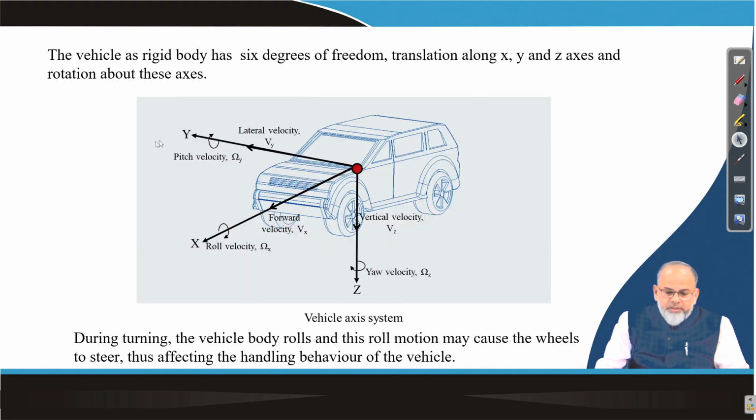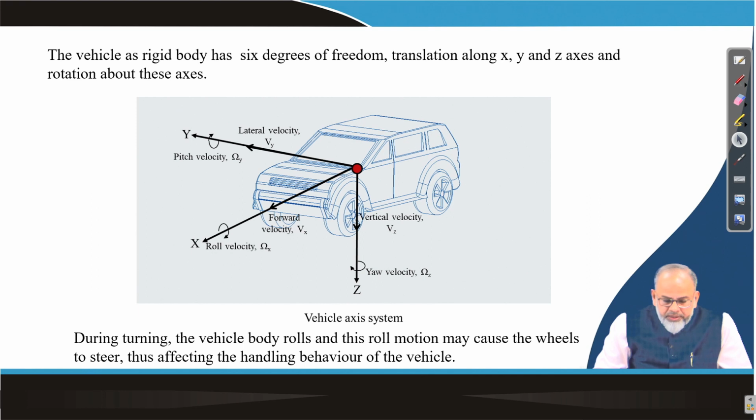First, I will see the vehicle as a rigid body. It has 6 degrees of freedom: translation along the x, y and z axes and rotations about these axes, which are clearly indicated in this figure.